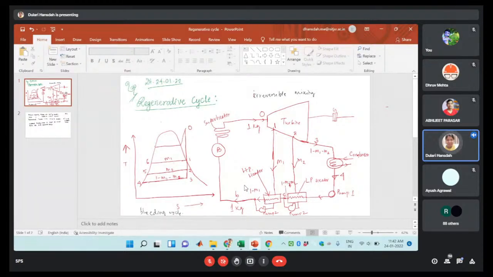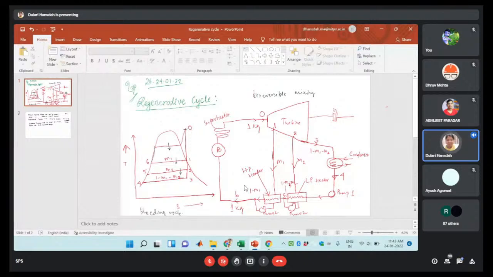Here, if you are observing, the amount of heat addition is reduced. The heat addition will also reduce, so as to get the maximum cycle temperature. In this case the amount of heat addition will increase. If it is the condensate, then the amount of heat addition will increase up to this.